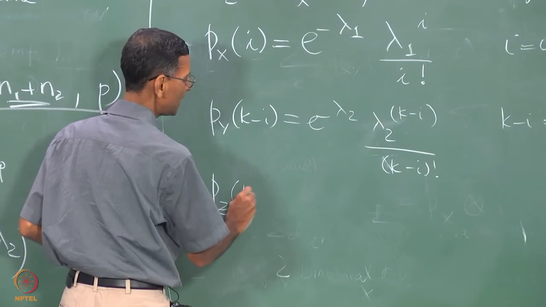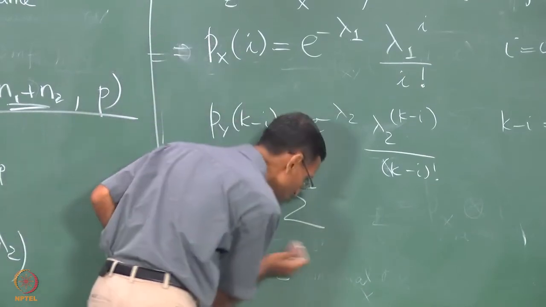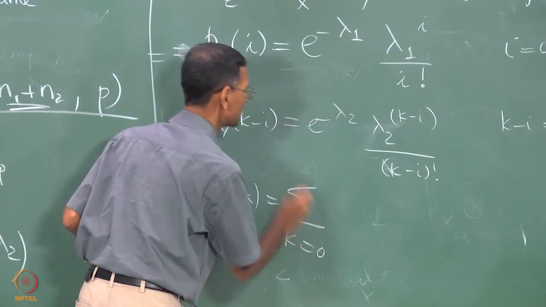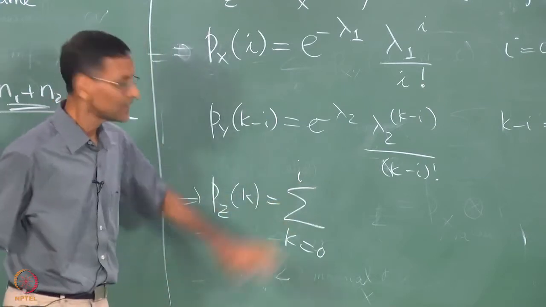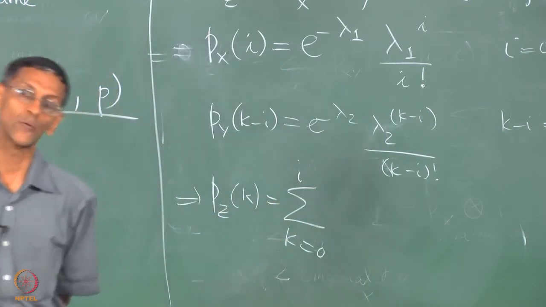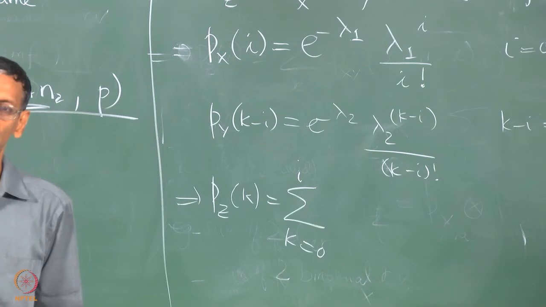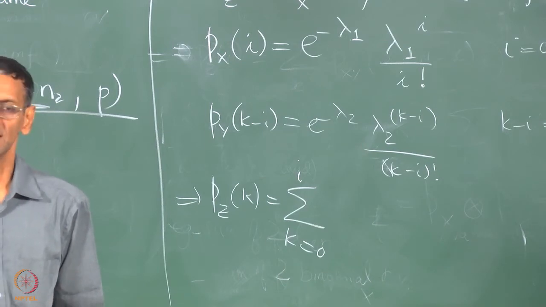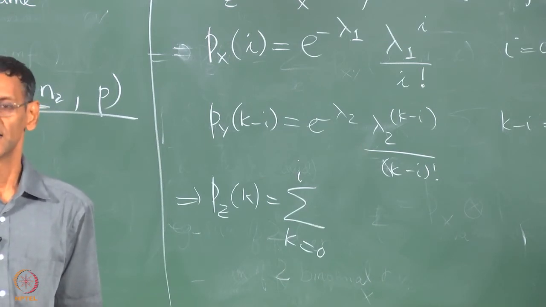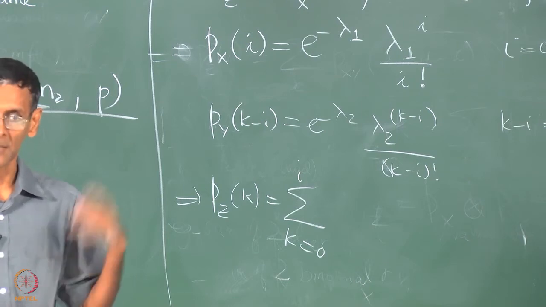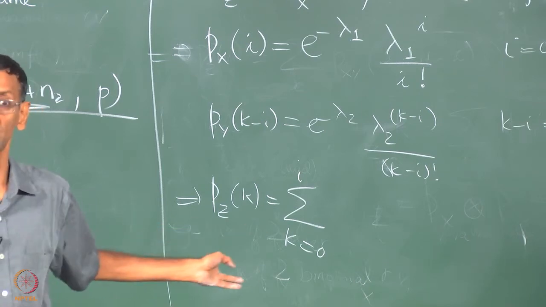P z of k is the sum. Again, this goes back to convolution. You've seen these kinds of things. This is the convolution of two causal sequences where you write the sum from 0 to n. Remember, the limits don't stay as minus infinity to infinity, they become 0 to n, in this case 0 to i.